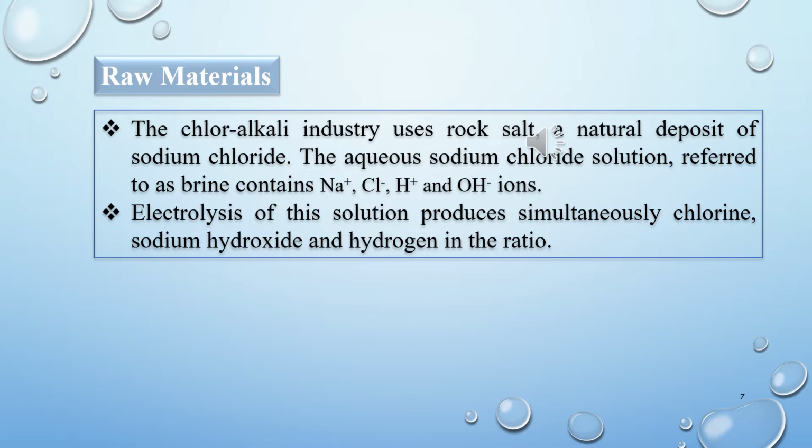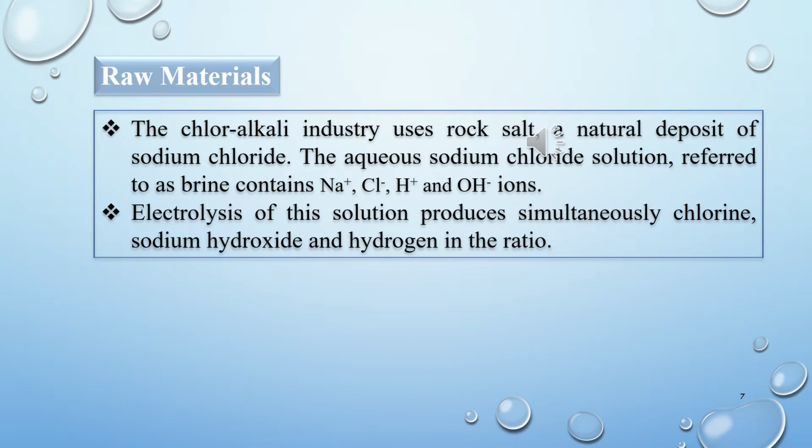At those electrodes, sodium ion will be converted into sodium hydroxide, and the chloride ion will be converted into chlorine. So at different electrodes, different products will form. At one electrode sodium hydroxide will form, and at the second electrode chlorine will form, and these products have different ratios.